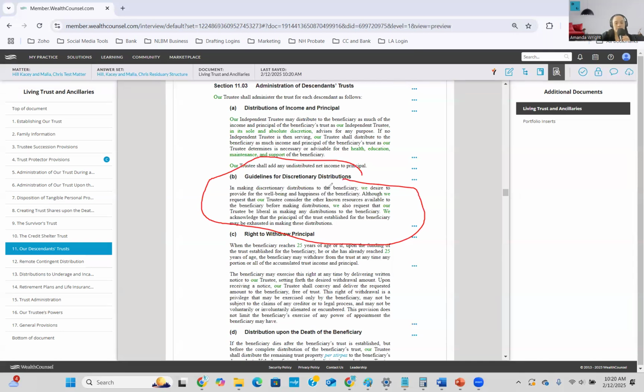In making discretionary distributions, we desire to provide for the well-being and happiness. Although we request that our trustee consider other resources before making distributions, we also request that our trustee be liberal in making distributions. And we acknowledge that the principal of this trust, the money in it, could be exhausted by the trustee's use of liberal distributions in the LAPT, okay?